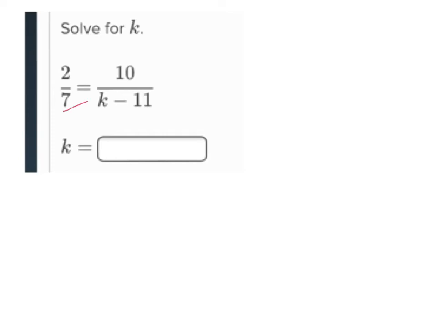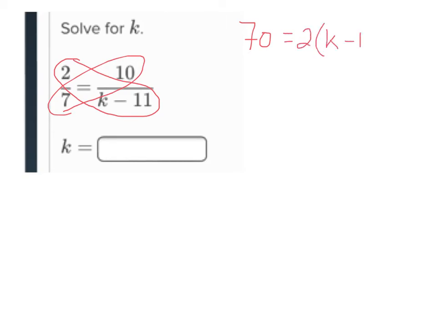So 7 times 10 is 70, and 2 times k minus 11 is 2 times k minus 11. And notice I'm putting it in parentheses because the 2 is supposed to be multiplied by both terms. So now I'll distribute 2 here and here.